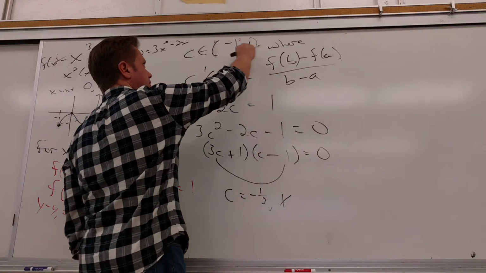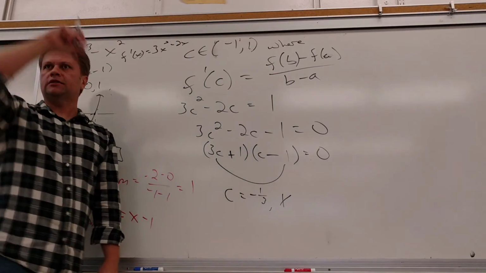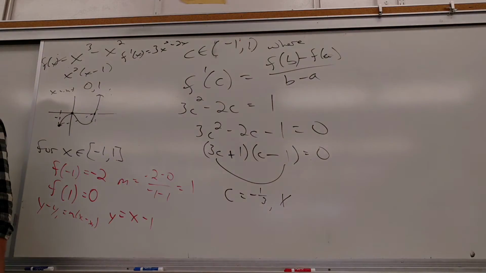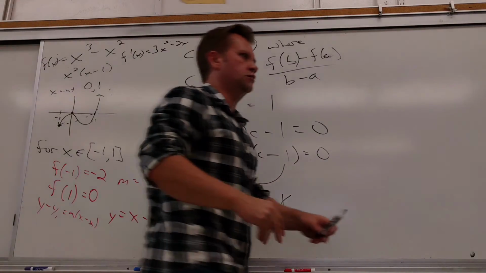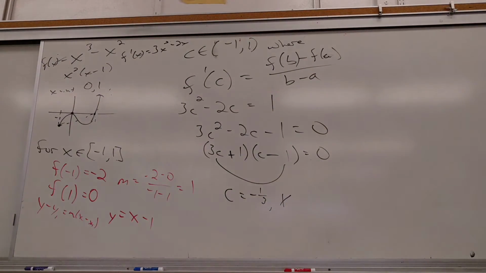And 1 is not in here, is it? It's at an endpoint. So it's not even a valid thing to use. But -1/3, isn't that... Oh, too bad. What did we get there? We ended up at -0.34. And what's -1/3? -0.33333.